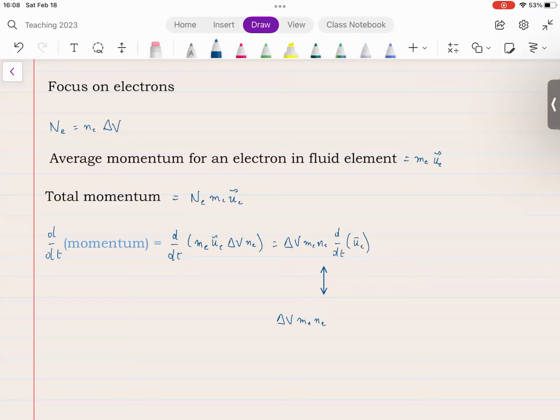The stuff outside the derivative is not affected by the transformation, and the derivative of the velocity becomes partial derivative plus u_e dot grad, all applied to the quantity I'm taking the derivative of. That is, again, u_e. Okay, that's the first term that we were trying to figure out.